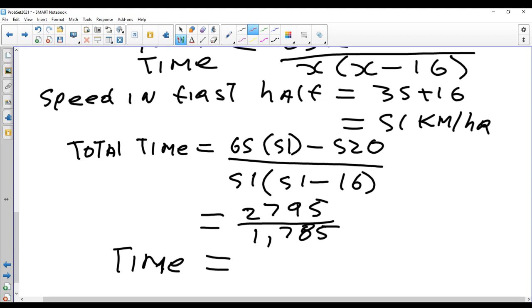What is that? 1.56. Let's just round it off. The question didn't say how to round it. I just put 1.6. And what are we going to measure time in based on how they gave us? In hours, yeah, correct. 1.6 hours.